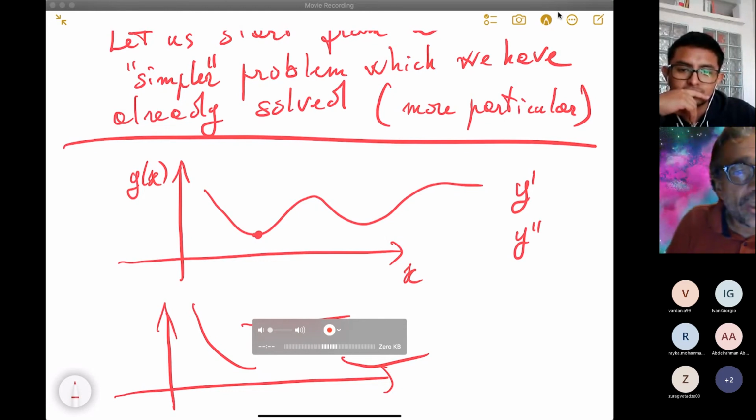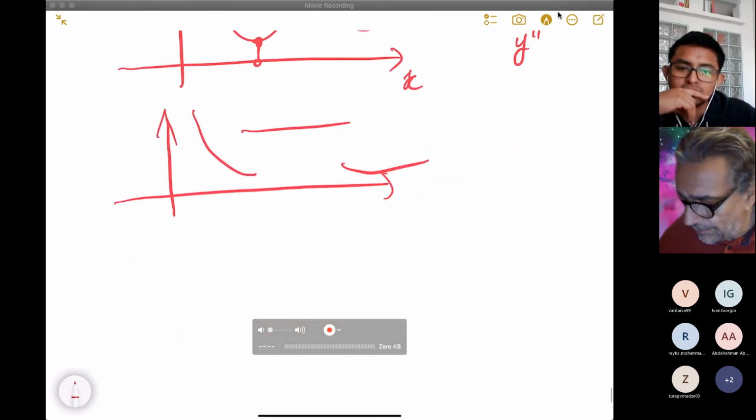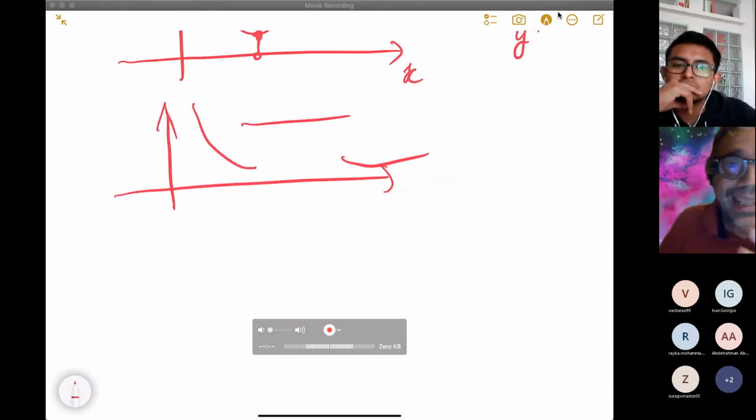You go in a position which is a minimum. Then you write a Taylor expansion starting from that minimum. What is a Taylor expansion? It is a polynomial which is approximating the function.